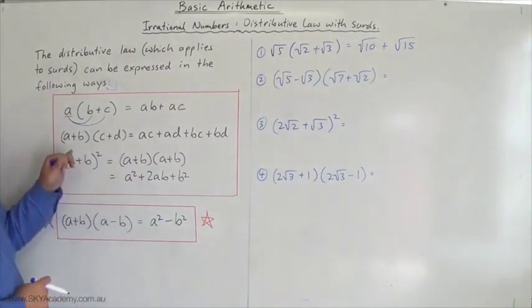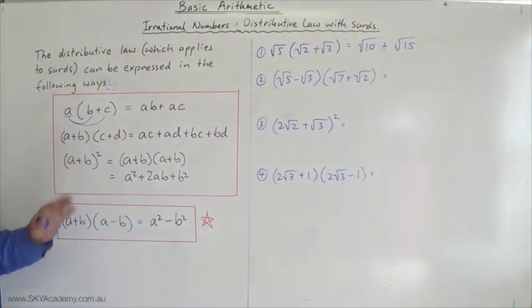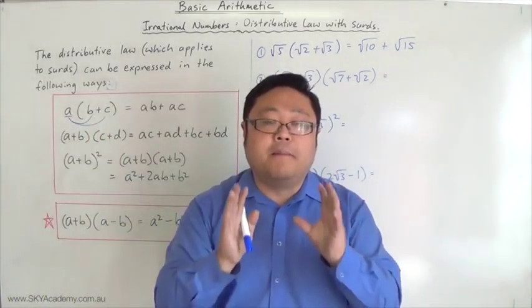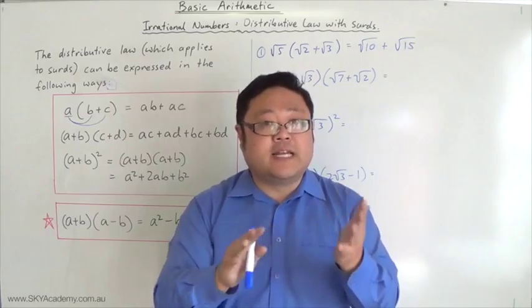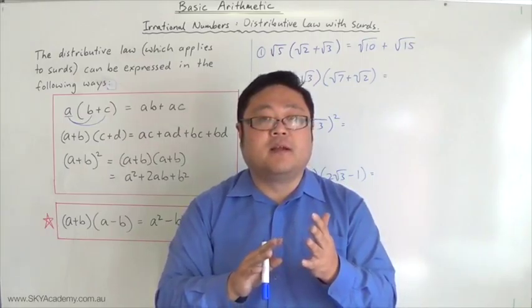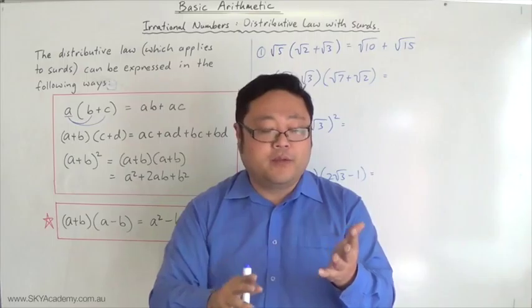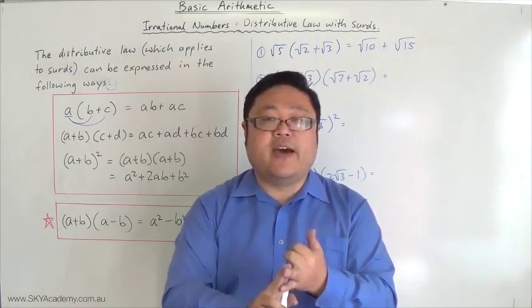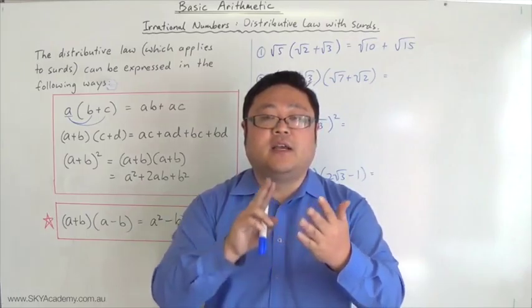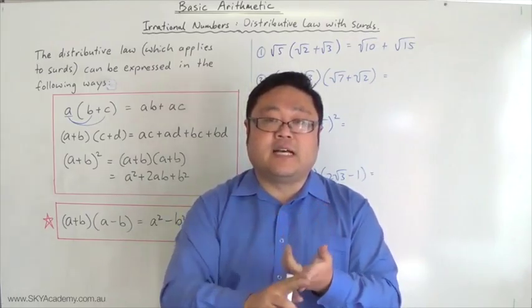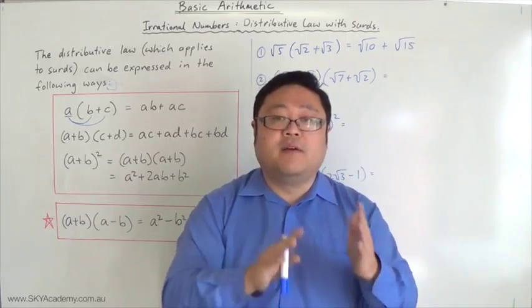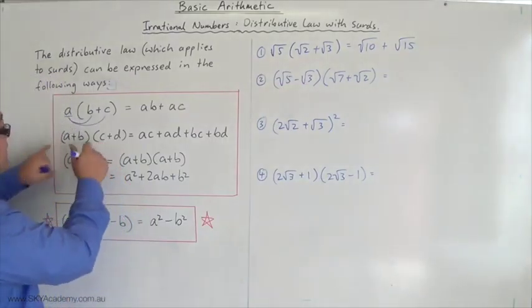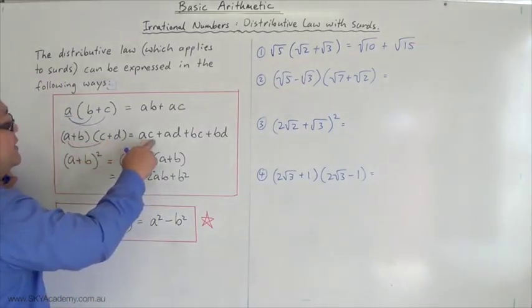Let's look at the second type of question that you might see. You may have seen this in year 10 as the FOIL method, each letter standing for a different word. F stands for front, O stands for outside, I stands for inside, and L stands for last. So we multiply the front two, A times C gives you AC.